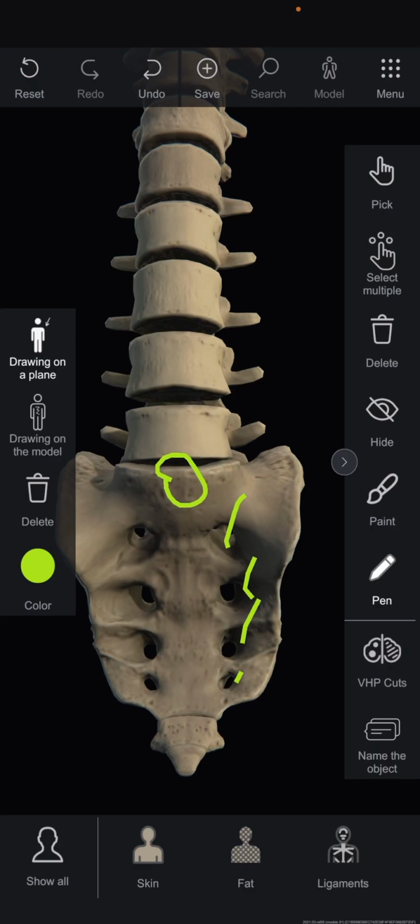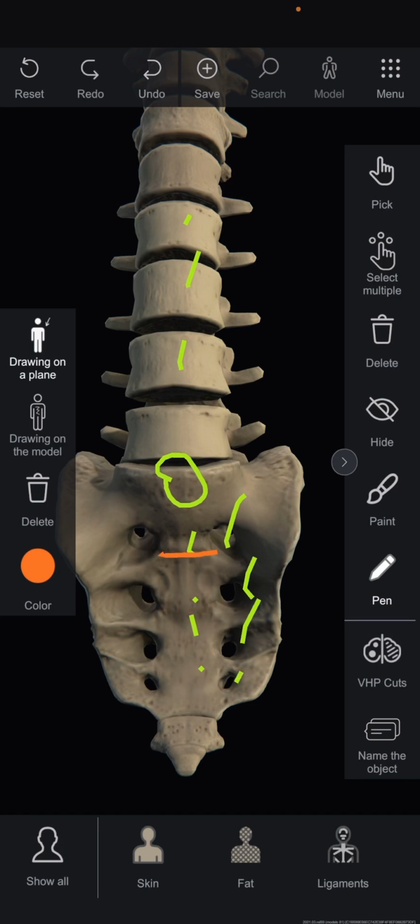Then you can see the bodies of each sacral vertebra fused with each other, and between them we have transverse ridges or transverse lines. These are all the formations of the anterior surface.